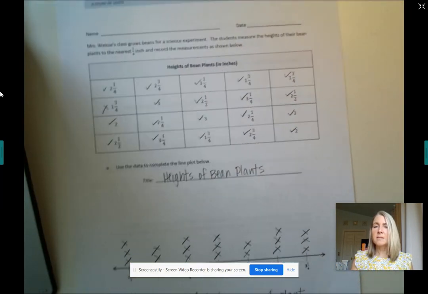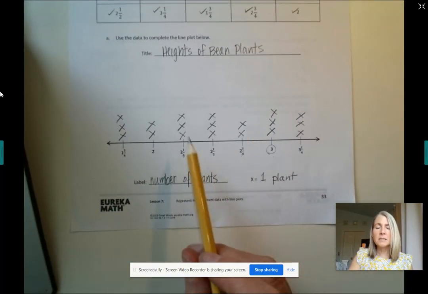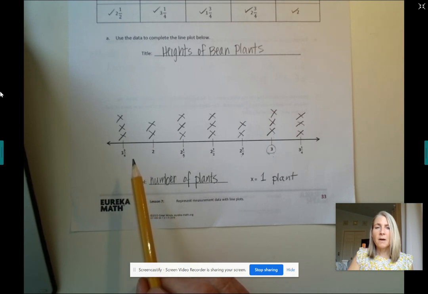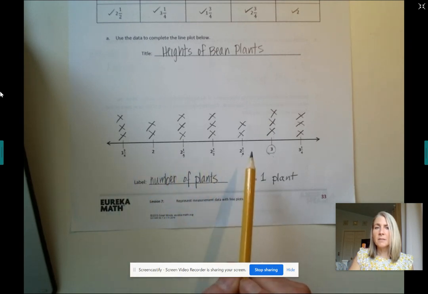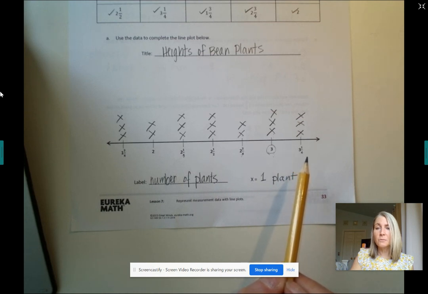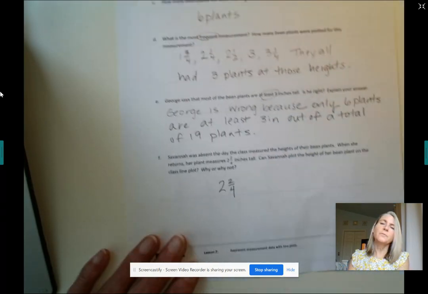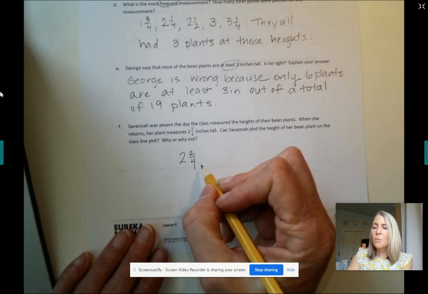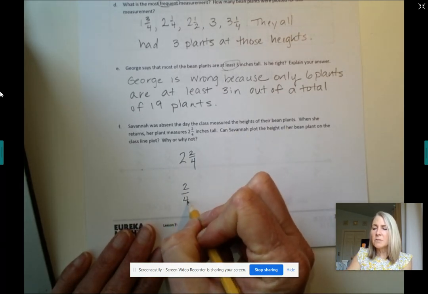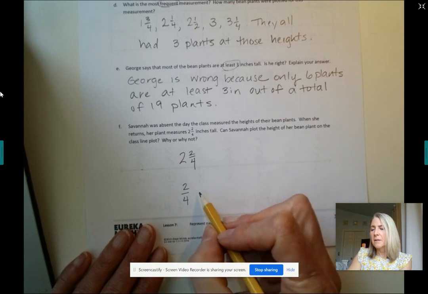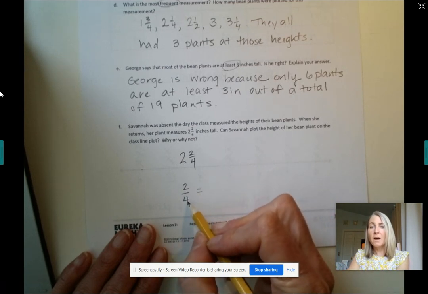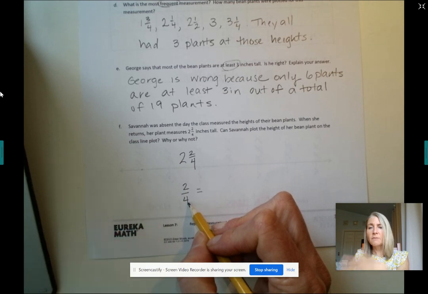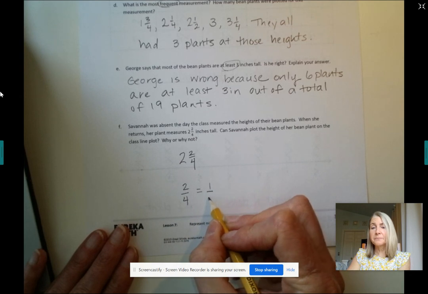When we look at this line plot, we are noticing that there is no 2 2/4. So before you jump to a no conclusion, what is equivalent to 2/4? If you have 2 of the 4, you have half of it, right?